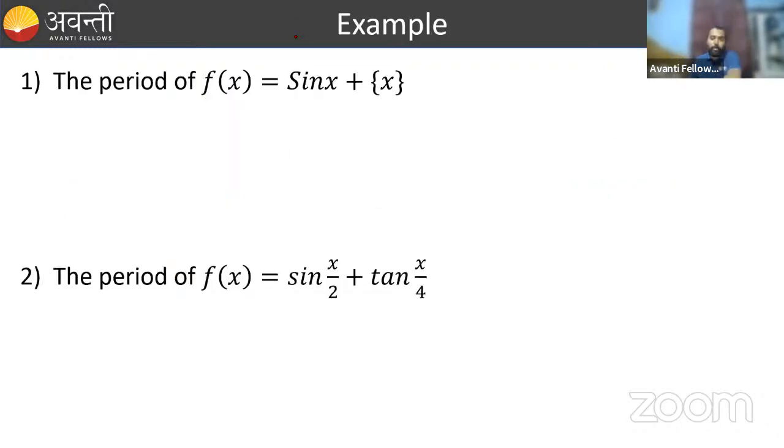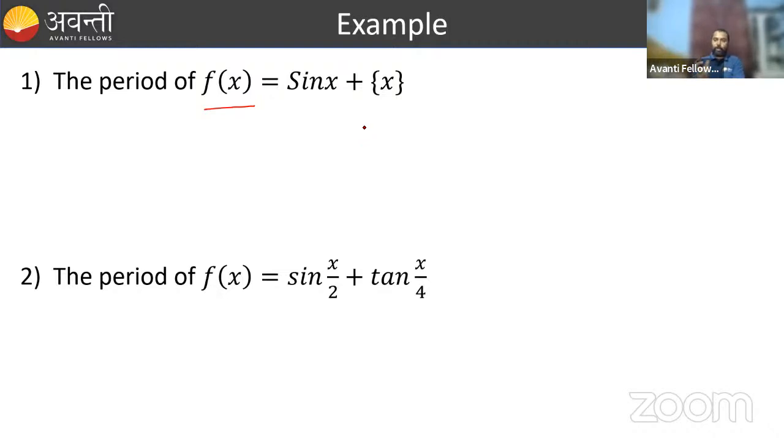Now there are a few questions for you. What is the period of f of x equal to sin x plus the fractional part of x? Now tell me, you have 20 seconds. All of you know the period of sin x and the period of the fractional part of x.